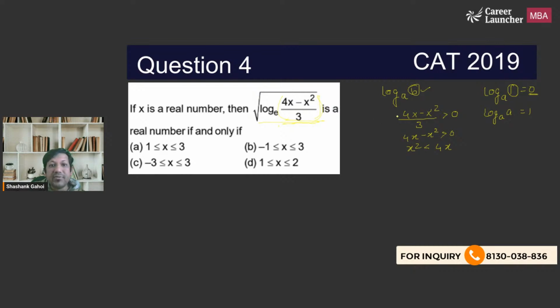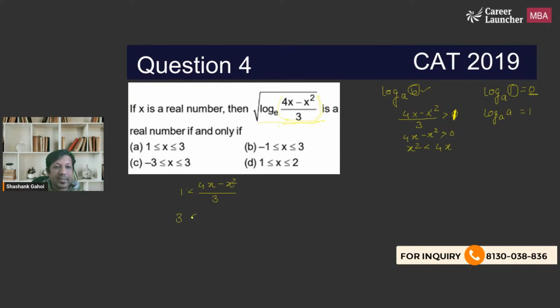It means that this value should be greater than 1. That's the statement that we are actually looking for, not greater than 0. So we have to solve it like (4x minus x square) upon 3 should be greater than 1. Then only we are going to be able to solve it.